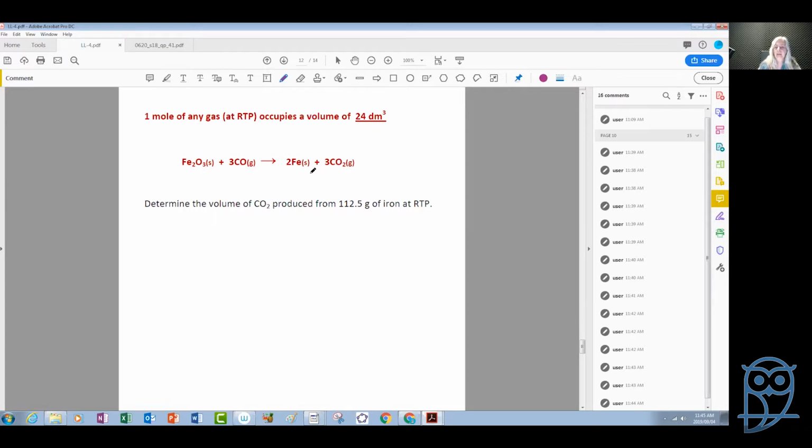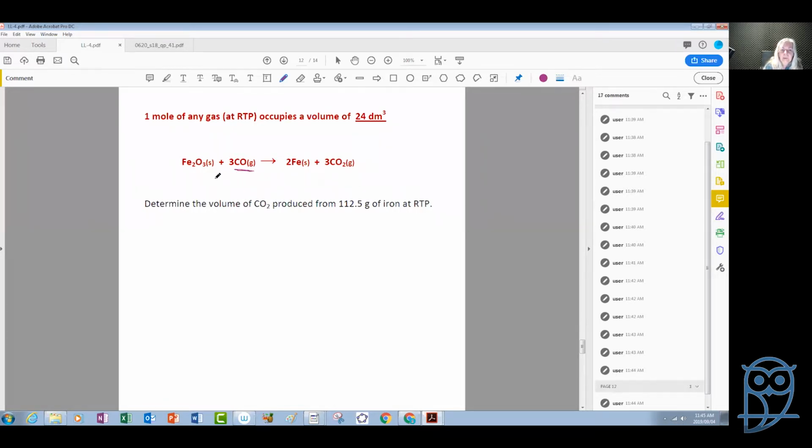In the previous reactions we did not discuss volumes of gases, because the items involved were not gases. But look at this reaction. We have a gas, carbon monoxide, and also carbon dioxide, one of the products. But there is nothing special or difficult about this.